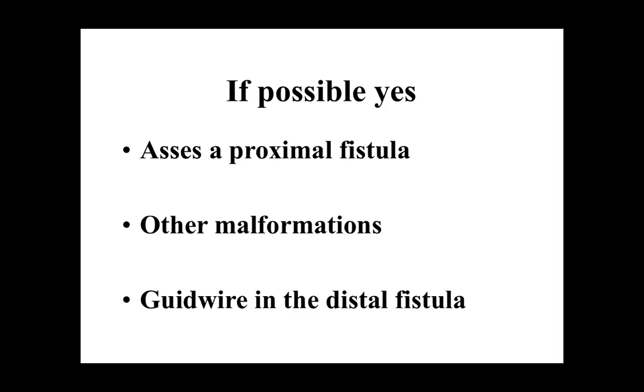A proximal fistula is difficult to discover otherwise. After surgery, you will have a patient with problematic complications like recurrent bronchopneumonia. So it's always better to assess if there is any proximal fistula. Also, this bronchoscopy can help you to search for other malformations like tracheomalacia. And bronchoscopy can help you to have a prediction for the gap between the two pouches.